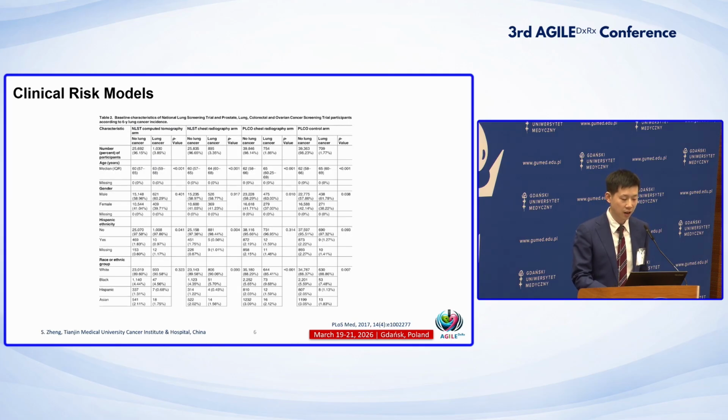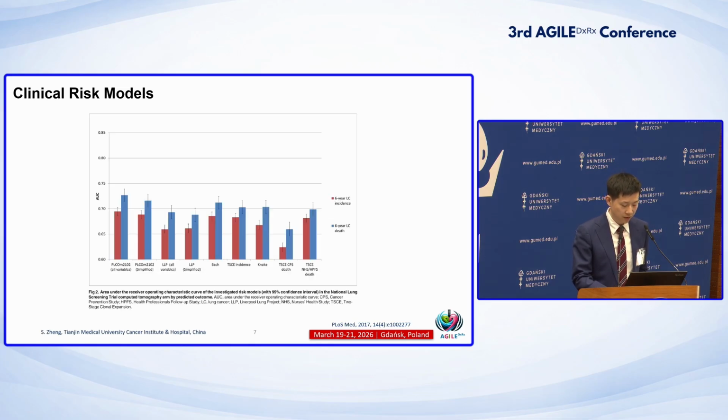Some researchers have comprehensively compared these models on the NLST or the PLCO datasets. As you can see in this figure, the discriminative performance of these models is better for death prediction than for incidence prediction.